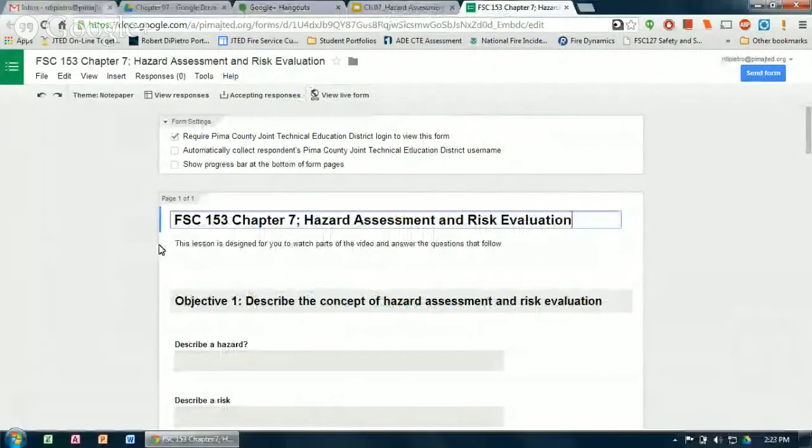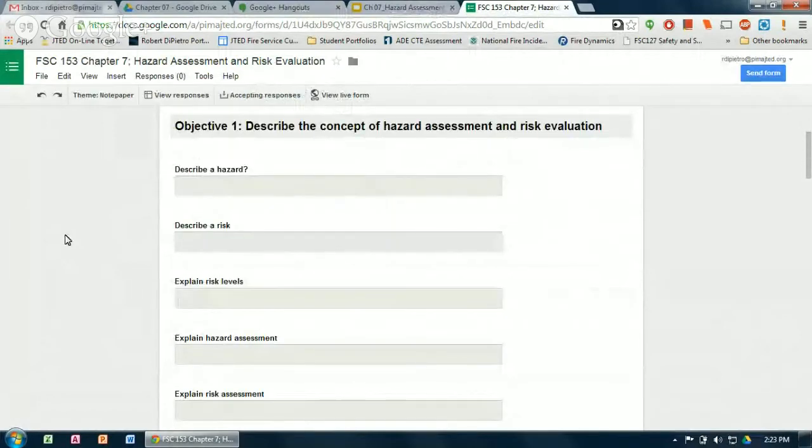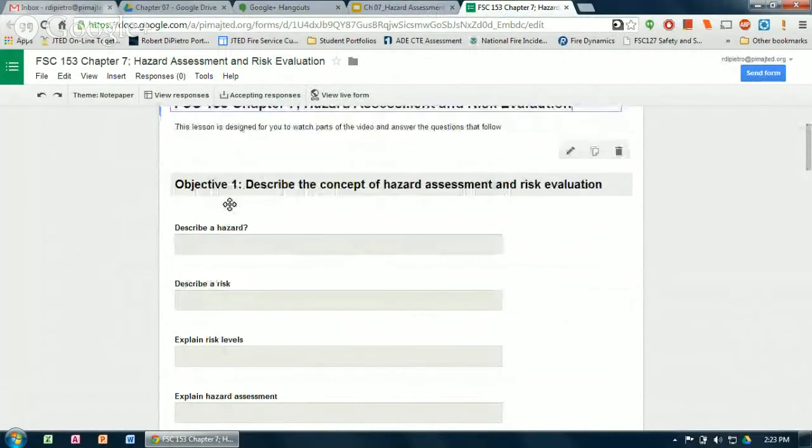Let me just share the screen with you. First thing I'd like to show you is how this is going to work. What you'll see here is a sort of worksheet where, under Objective 1, I will embed the video that we're making right now, and we'll call it Part 1.